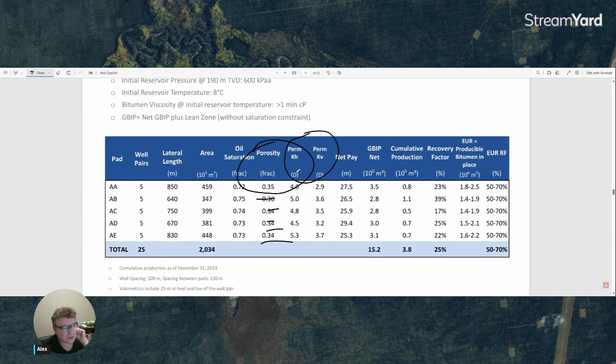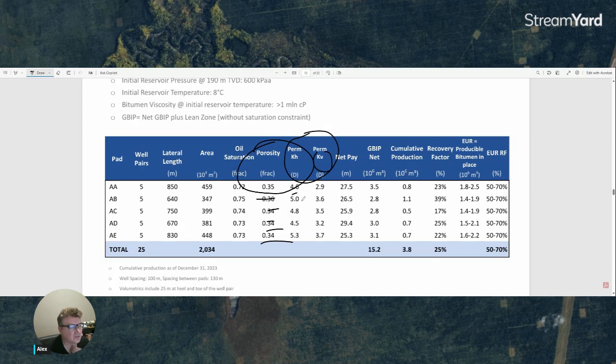This is horizontal permeability, this is vertical permeability. We define it as the capacity of the porous rock, from that porosity of 35%, for the fluid to flow through that rock. So the ability, which is measured in Darcy, as you can see in this example.